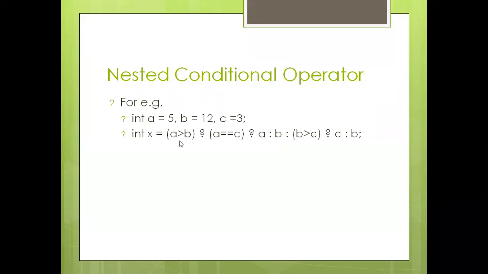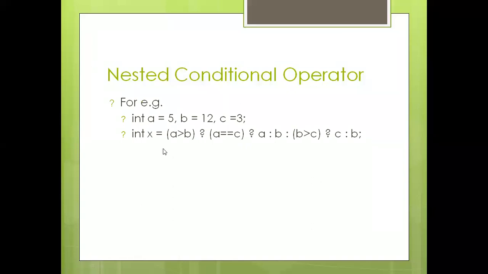Yes. Now, like the nested if else, we can form a nested ternary. See how it is. A greater than B. If this condition is true, then this A expression is evaluated. In this expression we have again formed a Boolean expression.